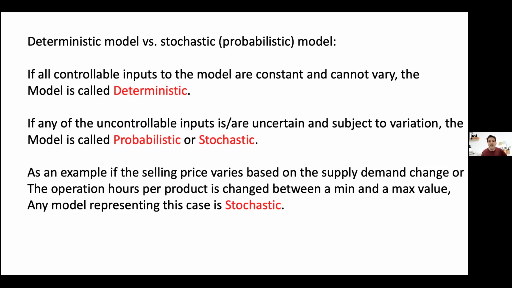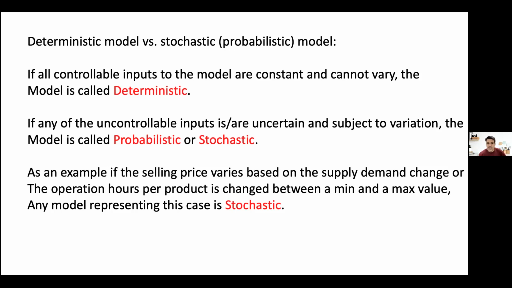And the other one is being called stochastic or probabilistic. In the second models, numbers can be different, so they can change a little bit. Not just anything they want. They can be different. So, for example, we can have a selling price which is based on something else.